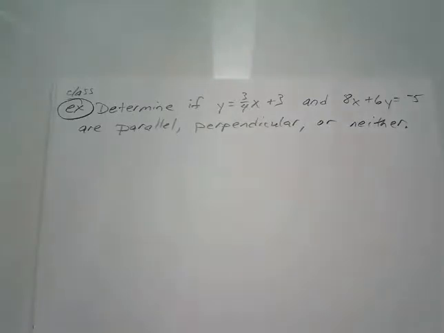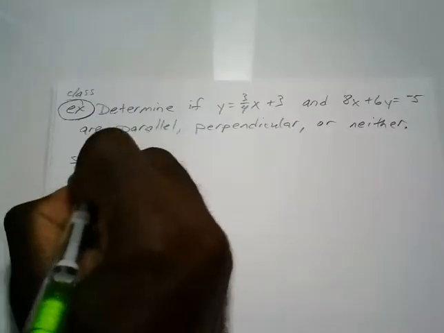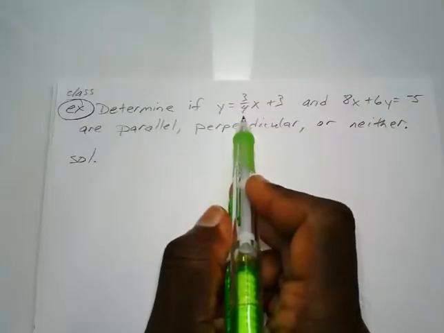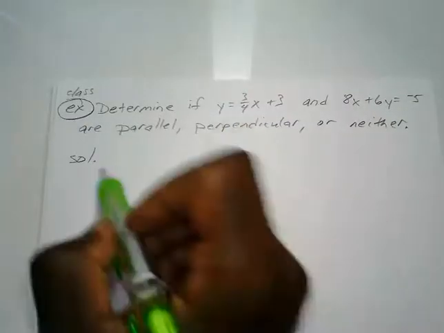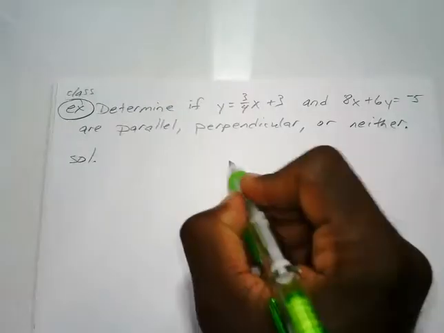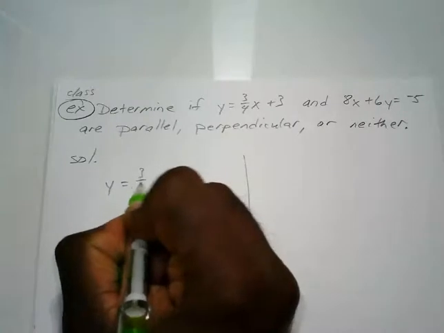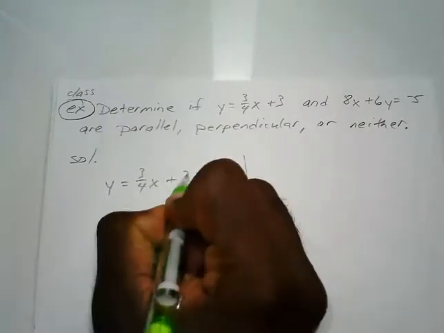All right, so I'm assuming that you have already pressed pause and worked this one out for yourself. So let's go ahead and verify your answer. Okay, remember this one's already in y equals mx plus b form. Okay, so you have y equals 3 over 4x plus 3.